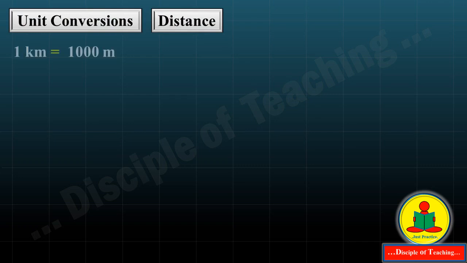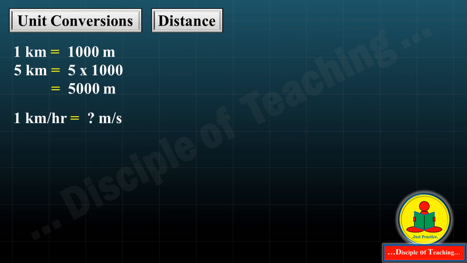Now unit conversions in distance. We know 1 kilometer is equal to 1000 meter and 5 kilometer is 5 into 1000 gives 5000 meter. Now tell me, 1 kilometer per hour is equal to how many meter per second?